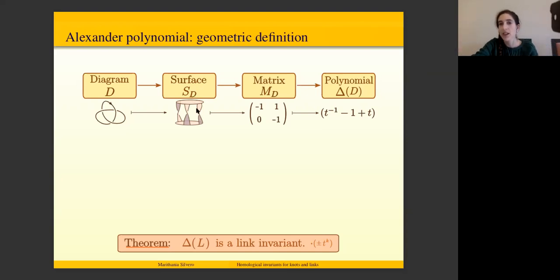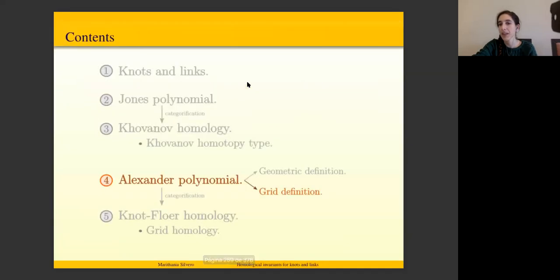Tubing and compressing. So this is what is used to show that this is a link invariant. This is the geometric definition of the Alexander polynomial.